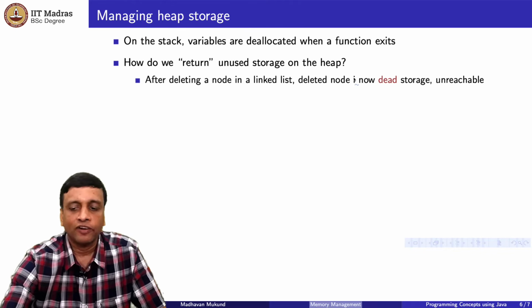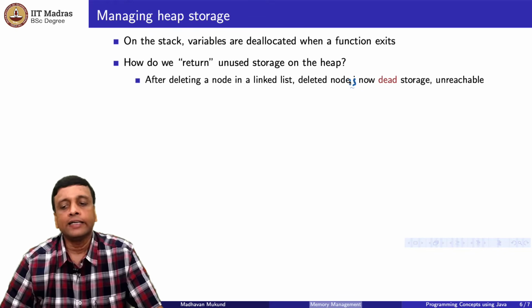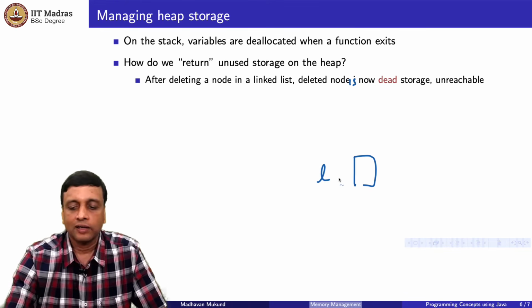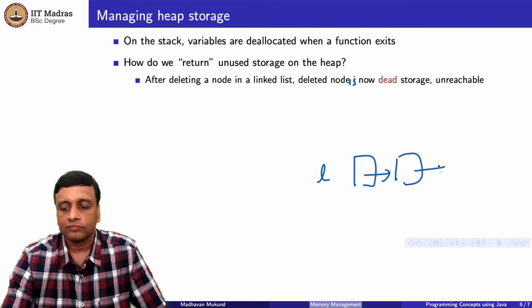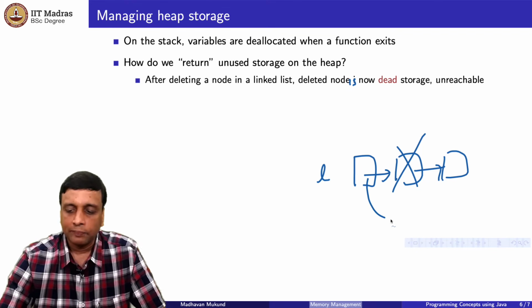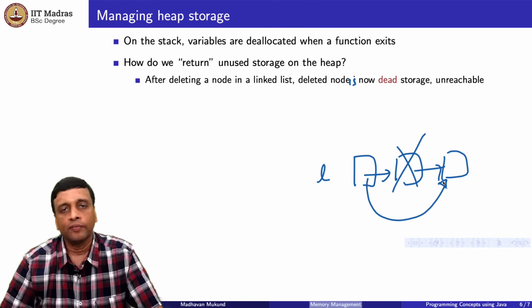So for instance, if I have a delete node function, then the deleted node is now dead storage, because I would typically have a list in which I have some links, and then I want to delete this node, and the way I delete it is by making this point directly to the node after it. So I bypass the node in the link structure.